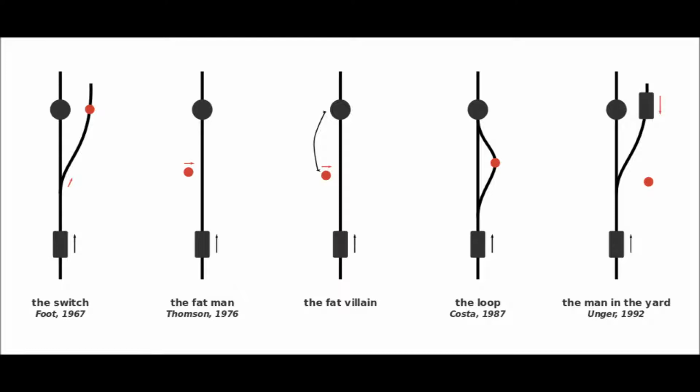So that is the dilemma here, and I guess the reason that this scenario is different from the original Switch one is that the loop actually goes back to where the 5 people are.